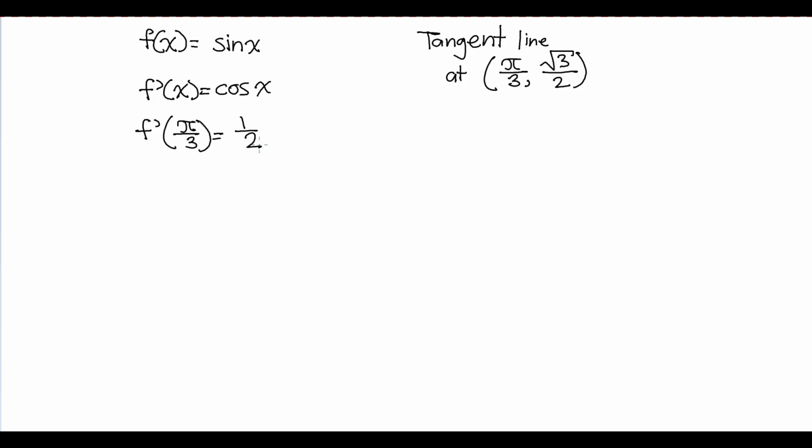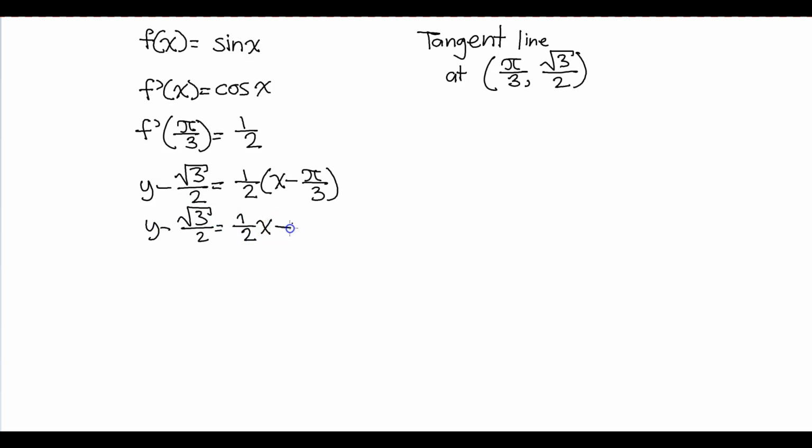So what we can do is write in point-slope form: y minus y1, root 3 over 2, equals m times x minus x1. So we got y minus root 3 over 2 equals 1/2 times x minus pi over 6.